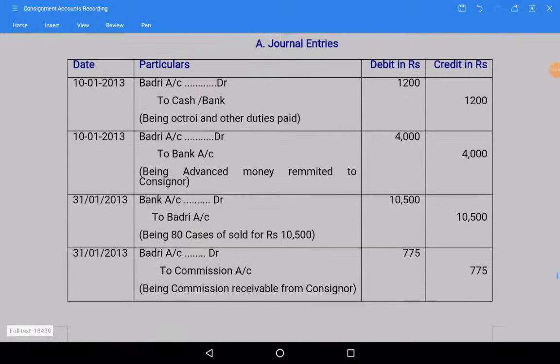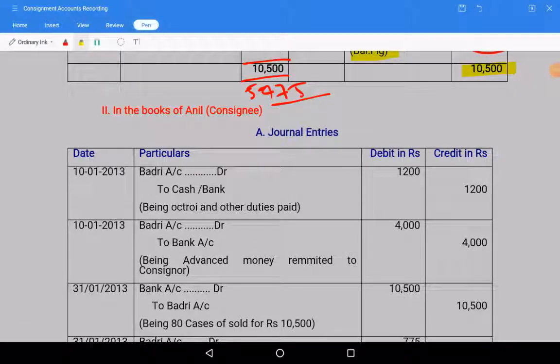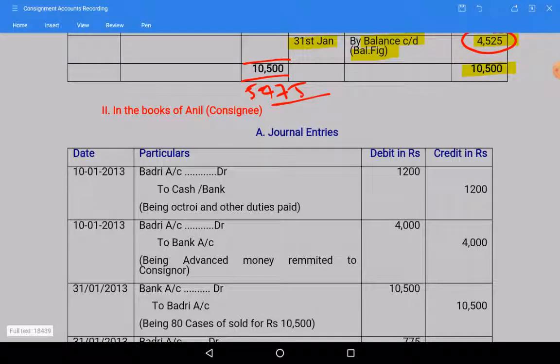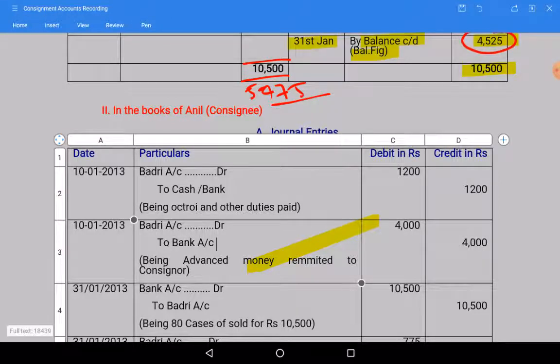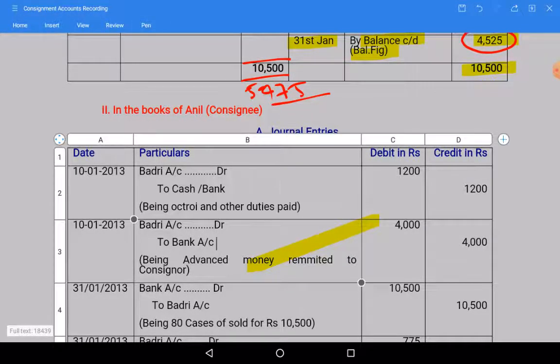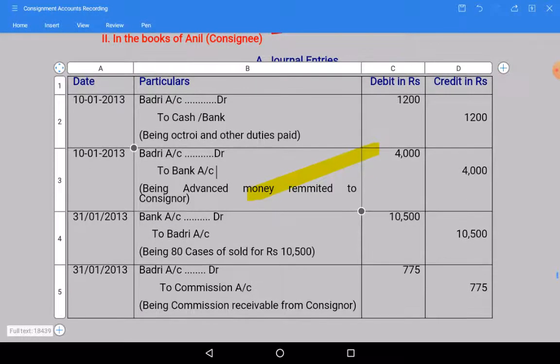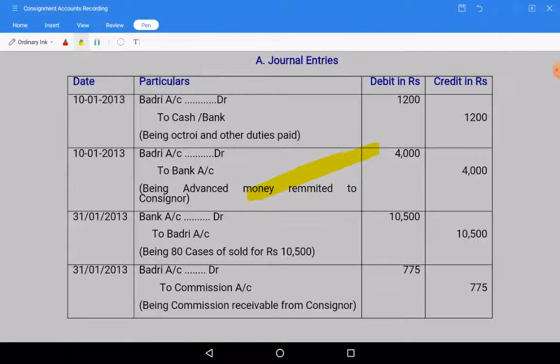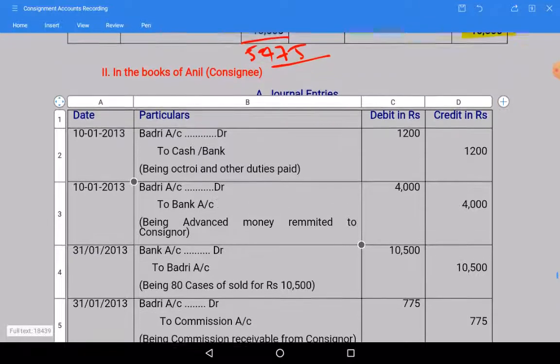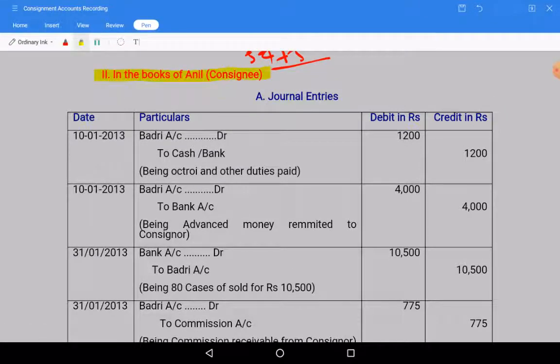So general entries in the books of Anil Kanjani, journal entries. Let us see one by one.